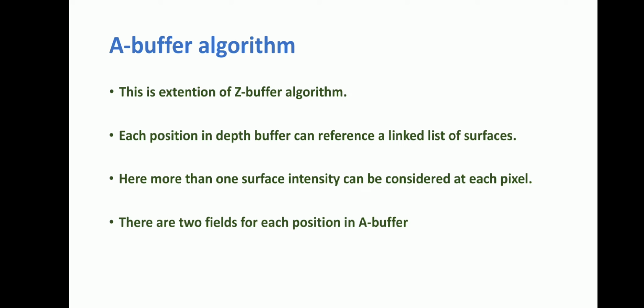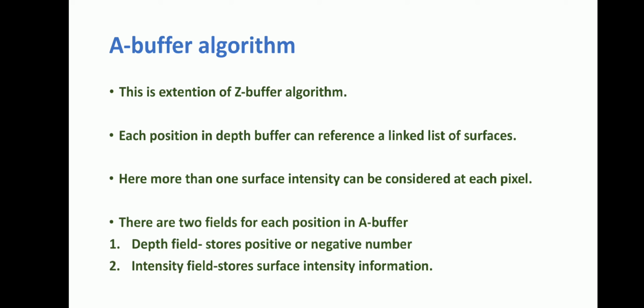In the A buffer algorithm, there are two fields for each position. The first is the depth field, which stores a positive or negative number, and the second is the intensity field, which stores the surface intensity information.